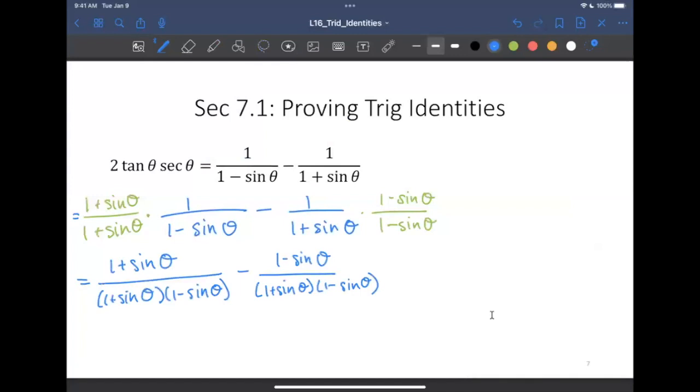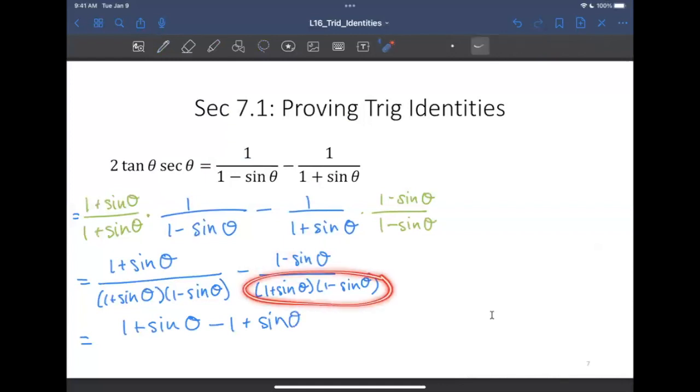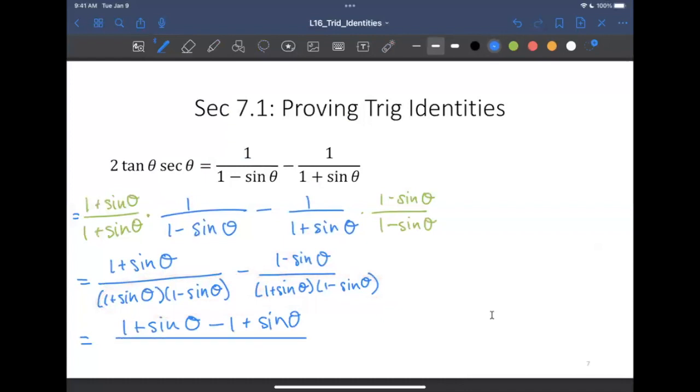It's a long one. Okay, now they have the same denominator, so I can combine the top. That gets me 1 plus sine theta minus, now this minus sign is applied to this entire numerator, so I have to distribute it out. So minus 1 and then minus sine theta, which becomes plus sine theta. I'm also going to, I'm sorry, not factor out, expand out this denominator.